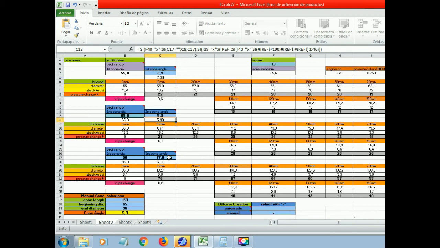So this will be probably about half that, which will be 8.5. Let's just enter that here. Beginning of 96, ending at 140. 8.3, yep. He was giving me the inclusive angles.